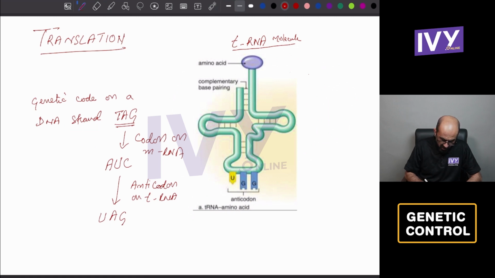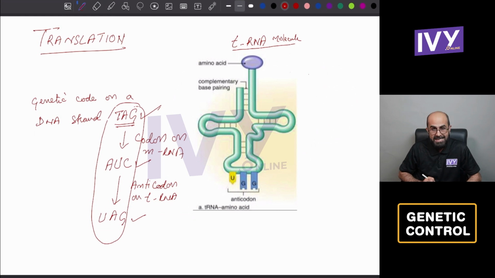So all these three code for a single same amino acid, but the code on the tRNA should be UAG, on the messenger RNA should be AUC, and on the DNA it should be TAG.